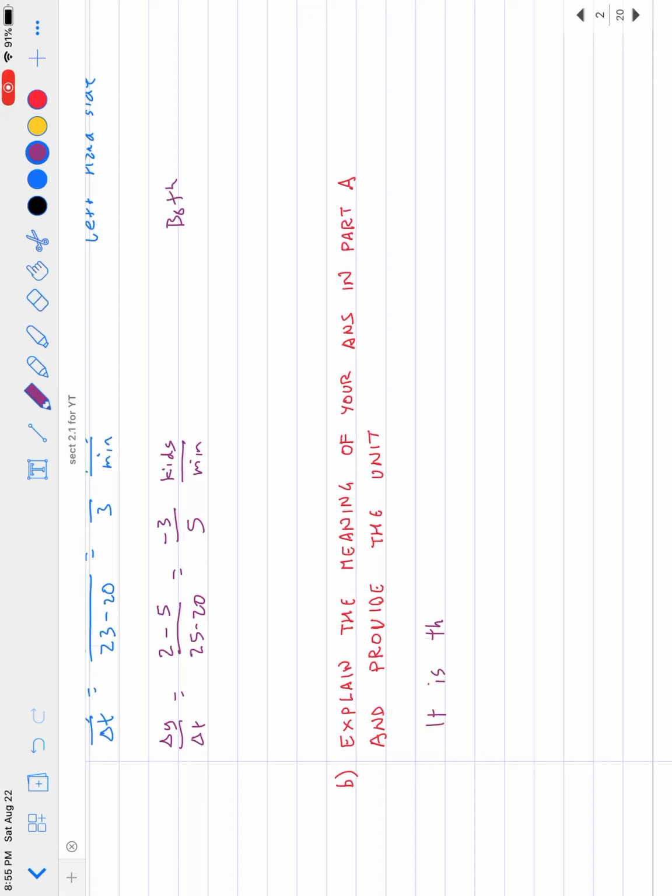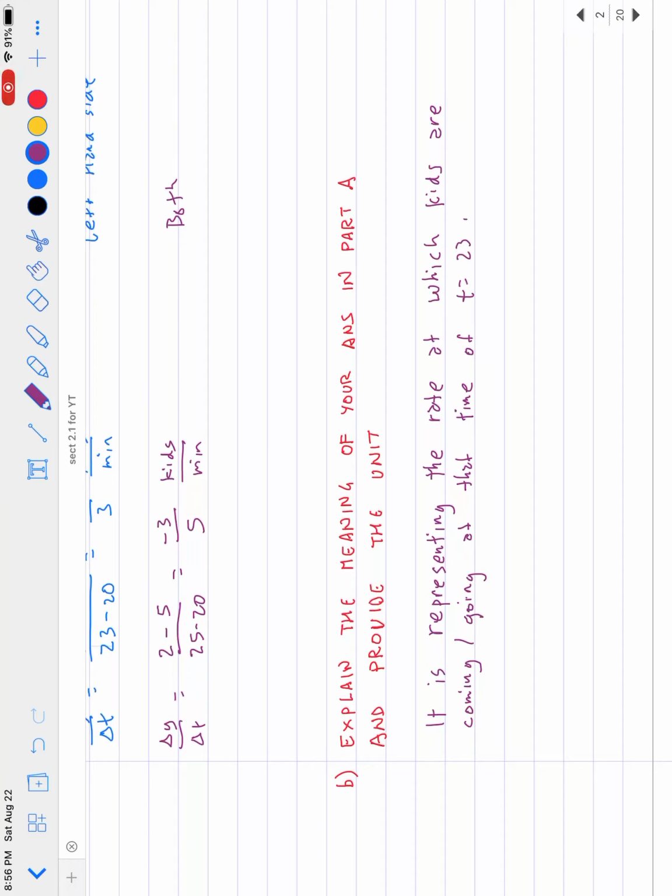It is representing the rate at which kids are coming or going, okay, at that time of t equal to 23 minutes.